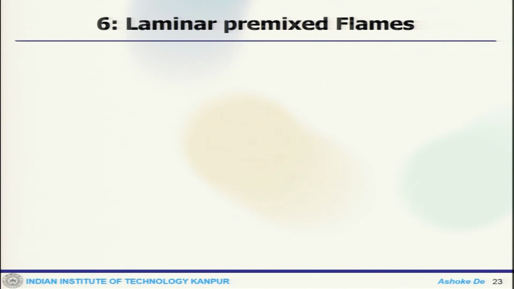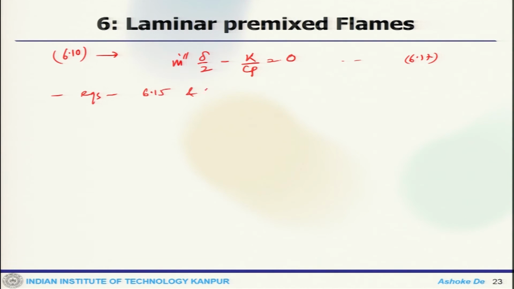So, now we can rewrite 6.10, and that becomes m dot times delta by 2 minus kappa by Cp equals 0. So, here is my second equation. We have two equations now, equations 6.15 and 6.17, and we have to solve for delta and m double prime dot.